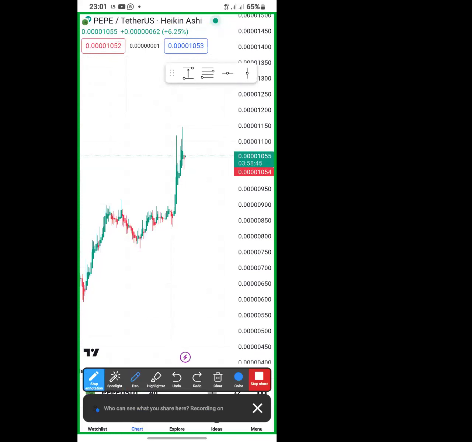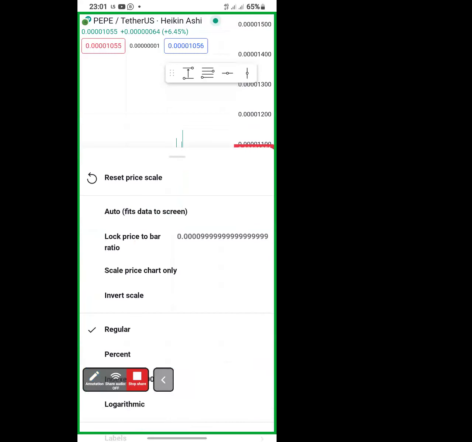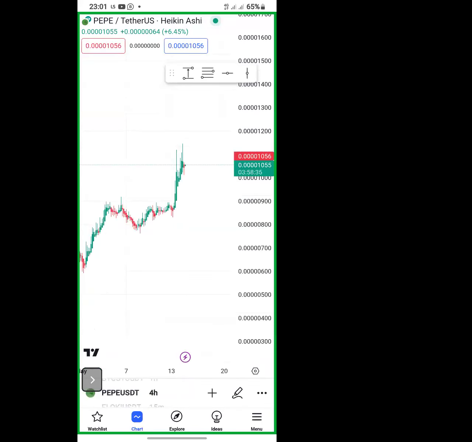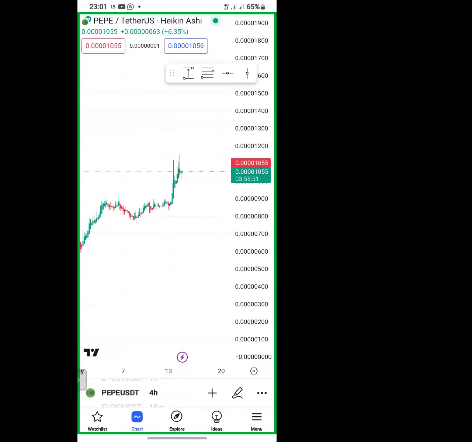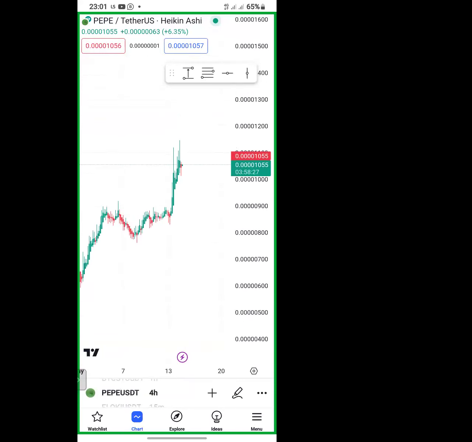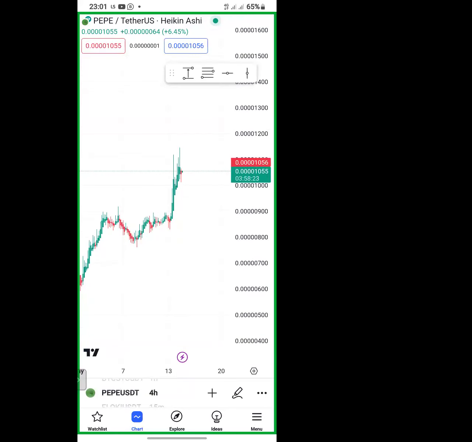If you want to make it long or short, you just have to use this side, use your two fingers. Then you just do like that. Most of you have got issues.